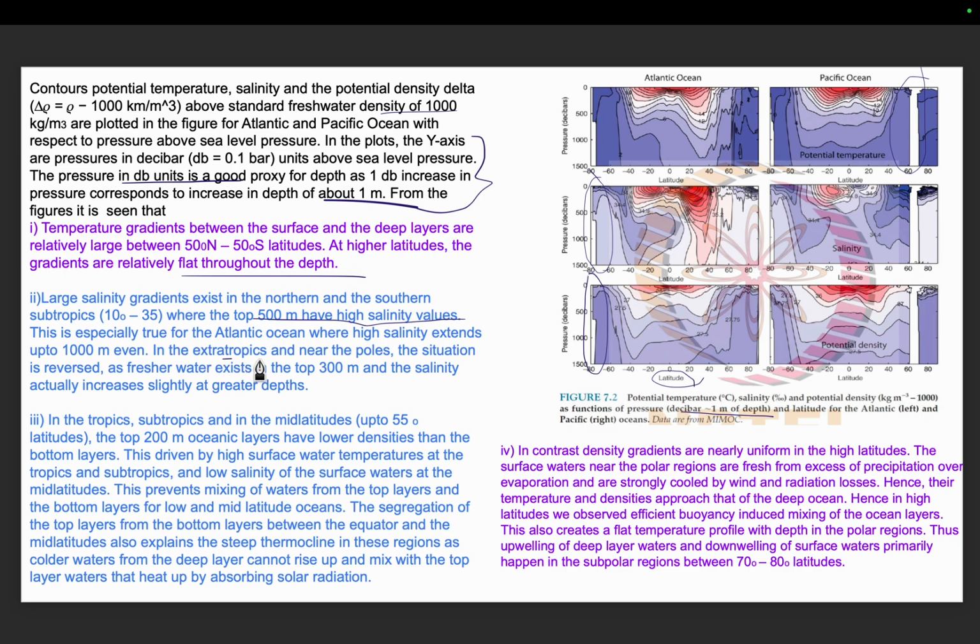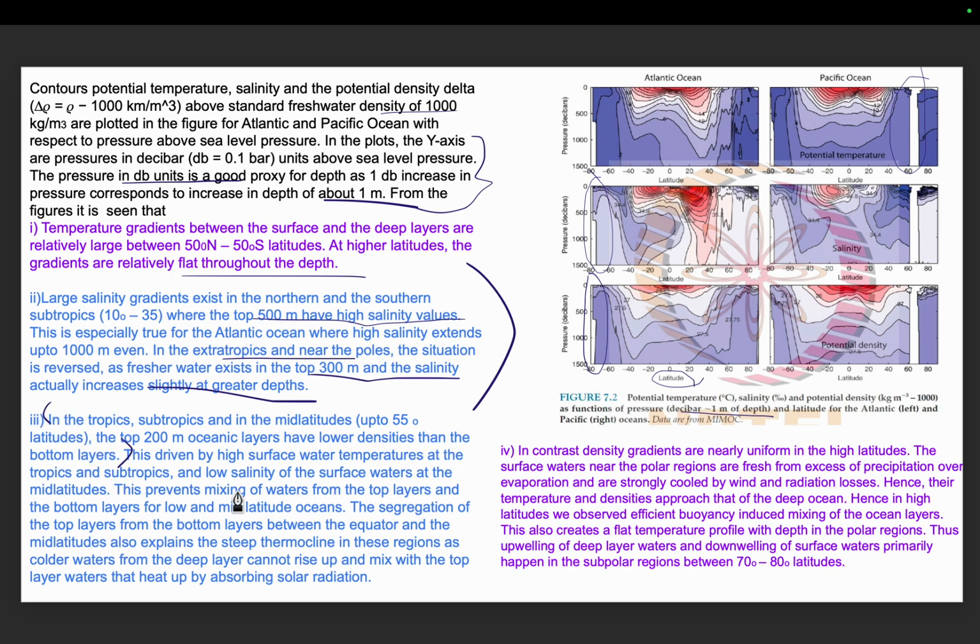In the extratropics and near the poles, this situation is reversed, as fresh water exists in the top 300 meters. The salinity actually increases slightly at greater depth. In the tropics, subtropics and the mid latitudes, that is up to 55 degrees latitude, the top 200 meter oceanic layers have lower density than the bottom layers.